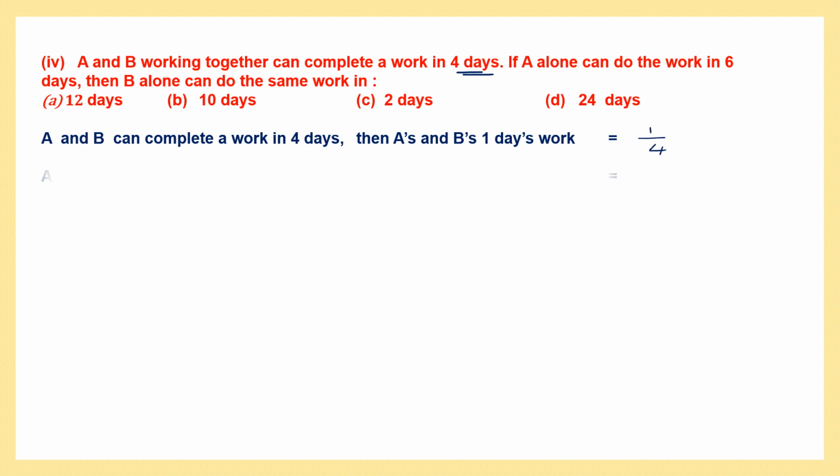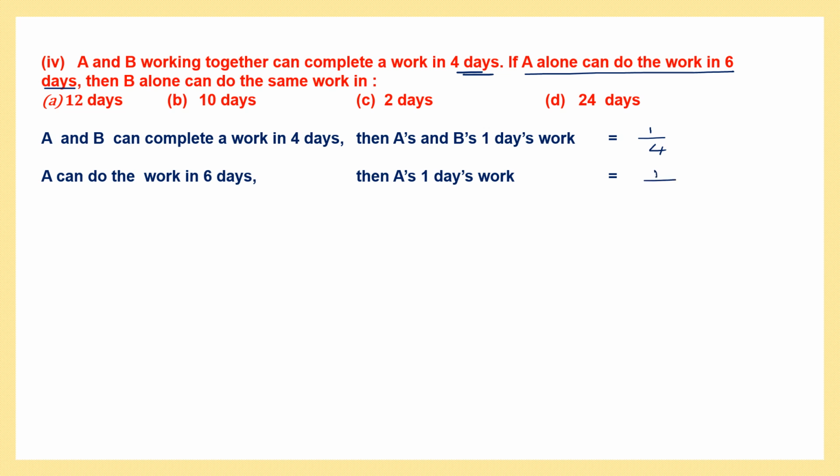Then next thing is A can do the work in 6 days. It's given here. A alone can do the work in 6 days. Then A's 1 day's work will be 1 by 6. So now we know the 1 day's work of both A and B. Now we know the 1 day's work of just A. That means to find the work of B alone, this is what we need to remember. 1 day's work of A and B, that is 1 by 4, is equal to A's 1 day's work plus B's 1 day's work, isn't it?